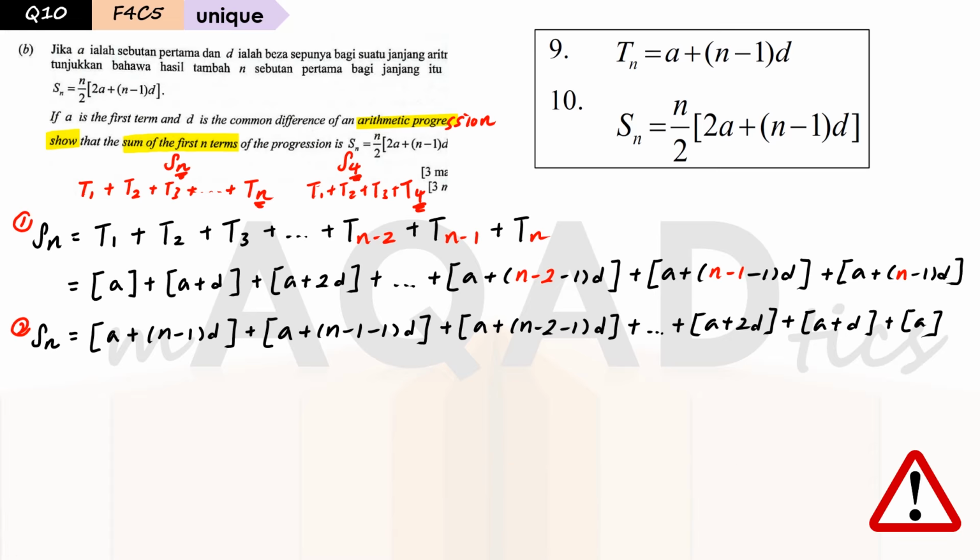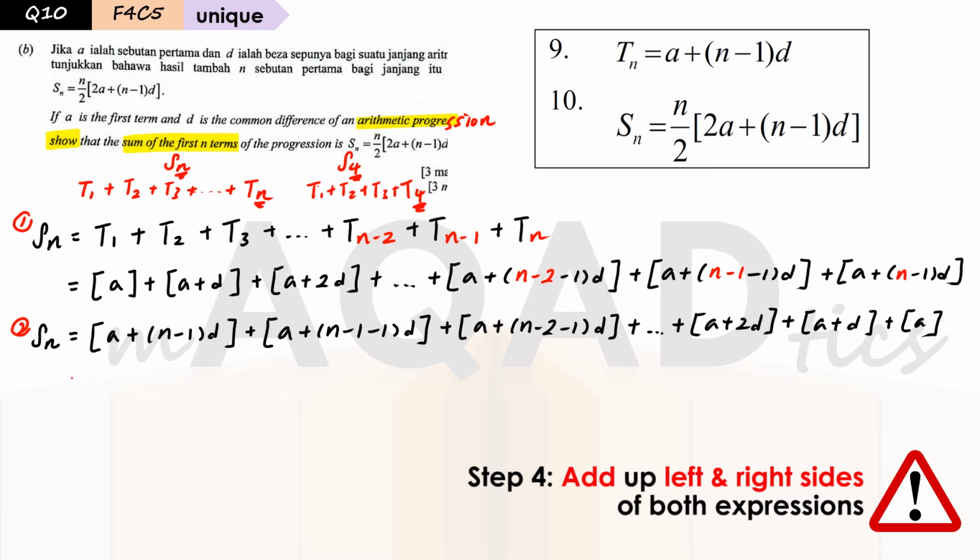Alright, so now with the two expressions here, for the left side and right side, we are going to add them up together. The first expression and the second expression, we add them up together, right? So basically, Sn plus Sn here would be 2Sn.